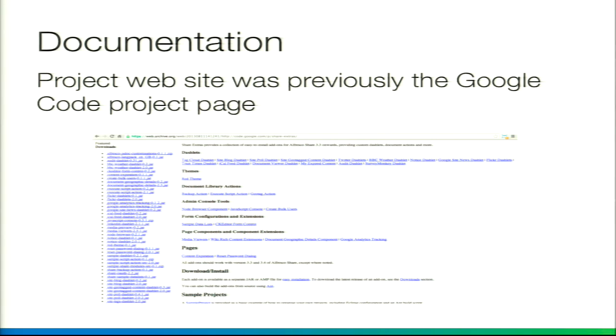For some reason, the CSS didn't come through from the Google Code homepage there that you see. But actually, it didn't really look much different to that. I think the font was Arial rather than Times, but apart from that, it was pretty much the same. That doesn't really jump out to you as the home page for a project with 40 add-ons and tens of thousands of downloads, but that's what was easy to do with Google Code at the time.